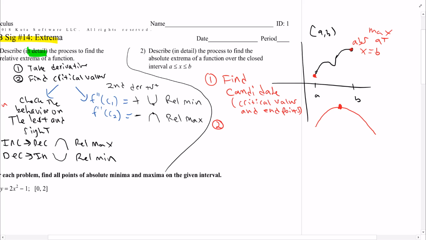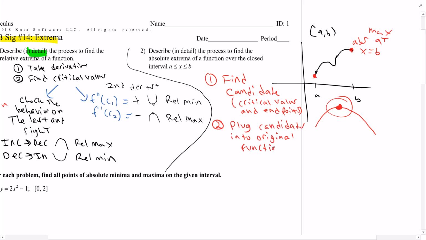Critical values are where you might get a point like this, and endpoints are the situation right here where they might be the absolute max. All we need to know is what's the biggest and what's the smallest. So we're going to plug candidates into the original function.